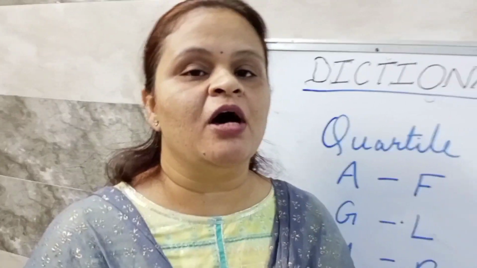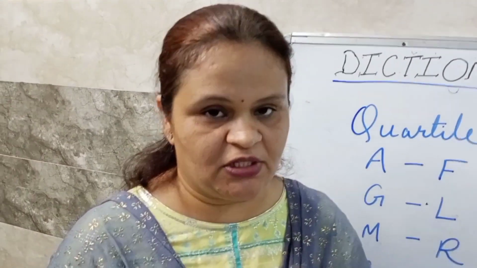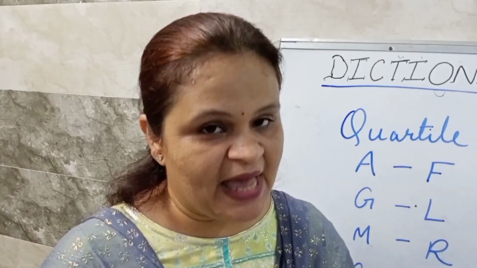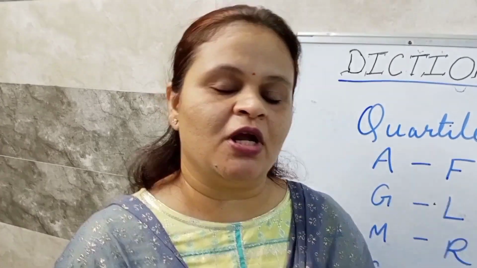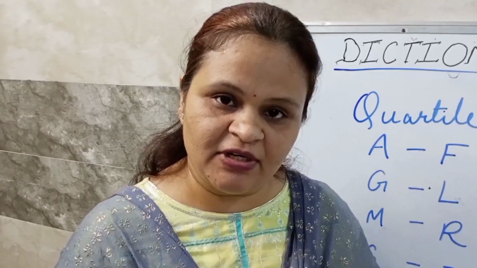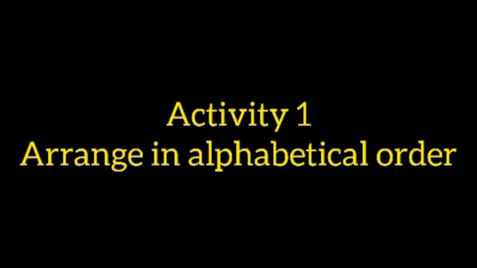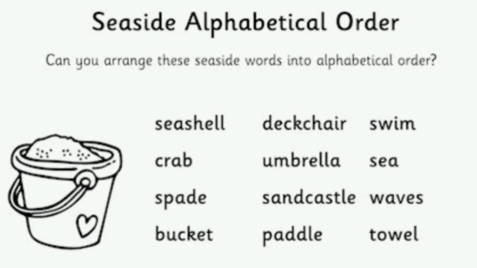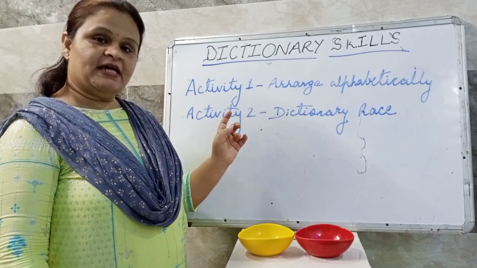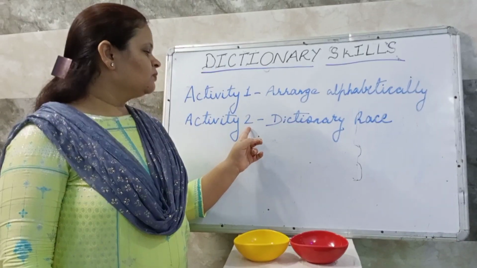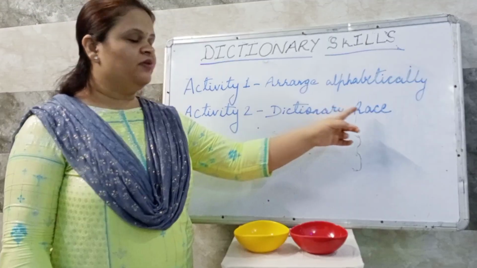Yes children, now it's time for an activity. If you will not do the activity, you'll gain nothing. Fine children, so now I'll tell you an interesting activity that you have to do. Now children, your second activity, activity 2, is dictionary race.